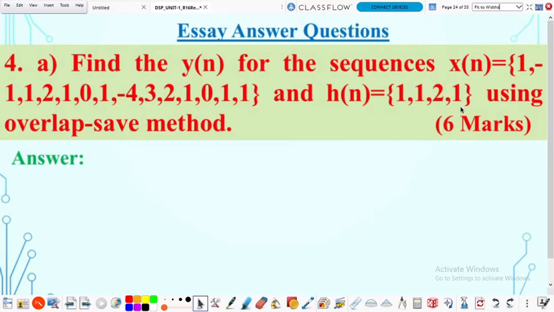So given that there are two sequences, that is, the input sequence x of n and the impulse response h of n.